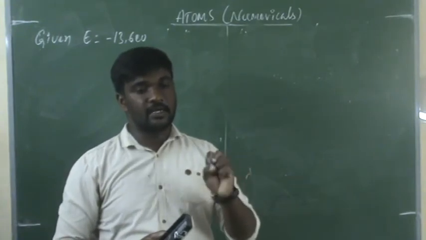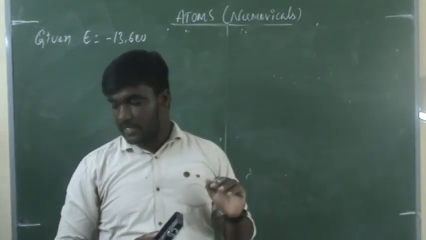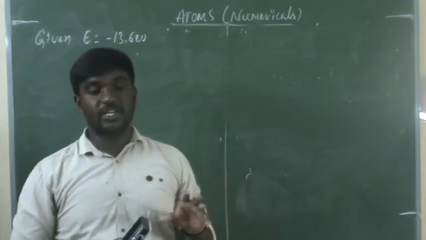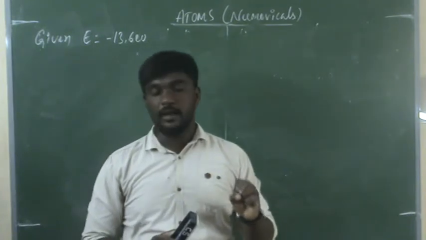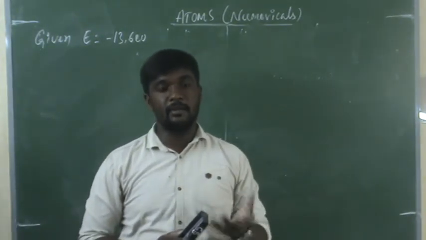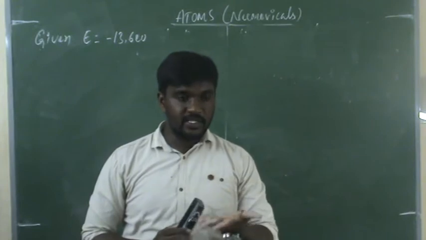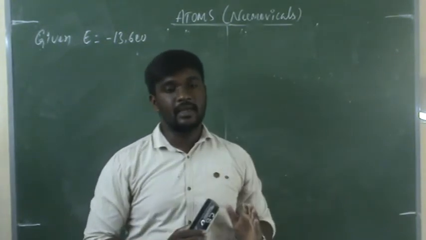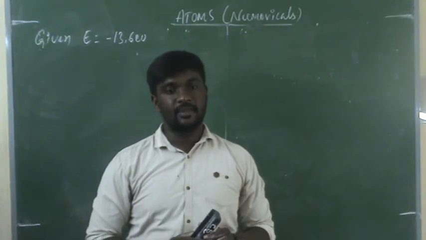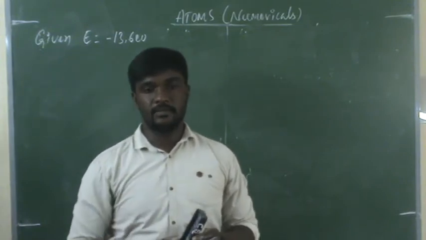Calculate the energy absorbed and the wavelength of the electromagnetic radiation emitted. So for the electron to go from the ground state to the fourth level, what energy is required, and also the wavelength. Clear?